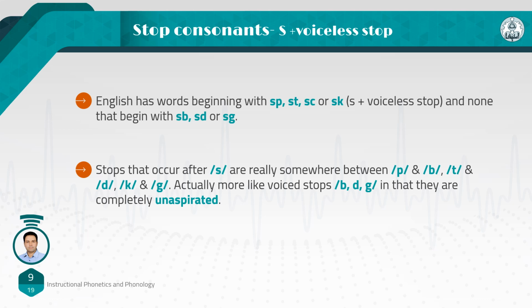When we say "sty," this t is somewhere between t and d because it is unaspirated. Or in "kai" and "sky," again, in "sky," this k is somewhere between k and g, again because it is completely unaspirated.